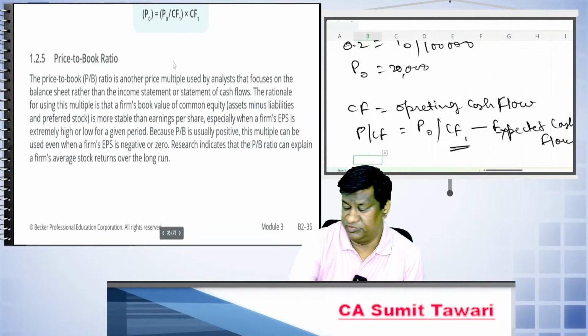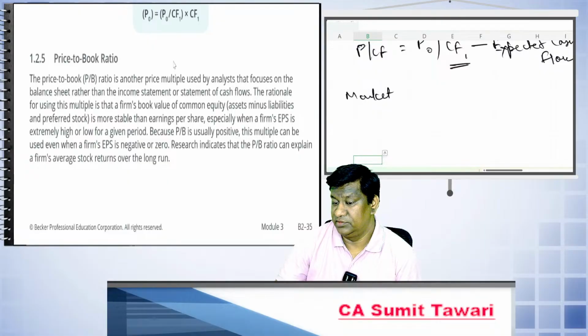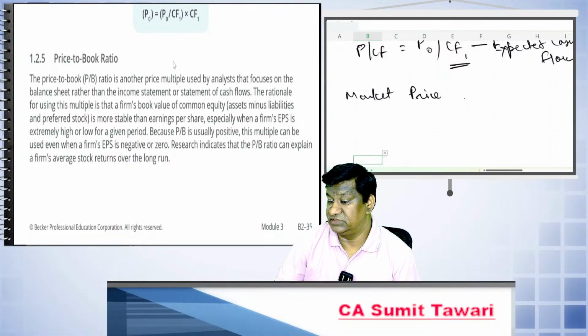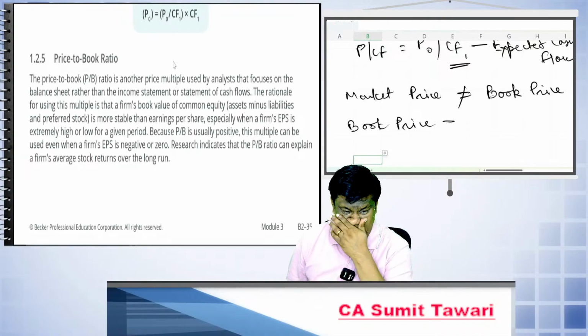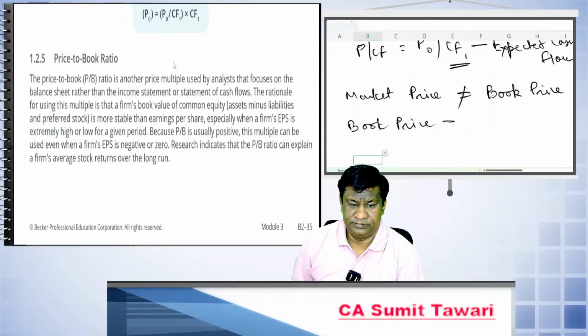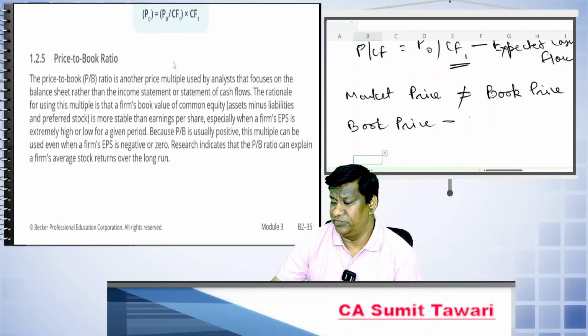Price to book ratio means market price is not always the same as the book price. What is book price? Can anyone tell? Is it the historic price? Historic price, or whatever may be the capital balances shown in the balance sheet.